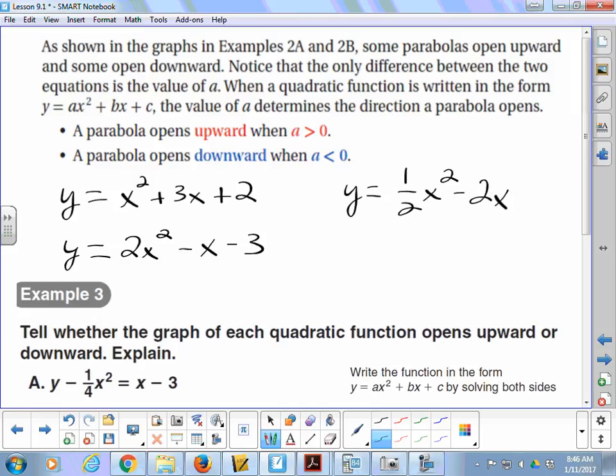Okay, graph all three of those functions on your calculator. If you have a problem with the fraction, just put in 0.5.